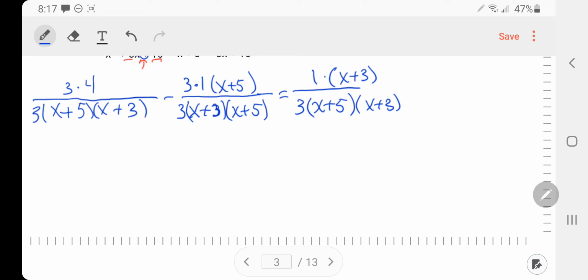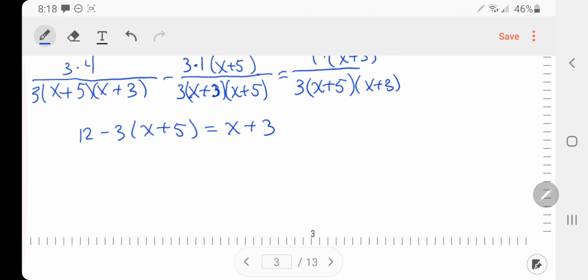Now that all the denominators are identical, you can effectively cancel them out. That leaves me only the numerators, which is 12 minus 3 times x plus 5 equals x plus 3. That's my new equation.